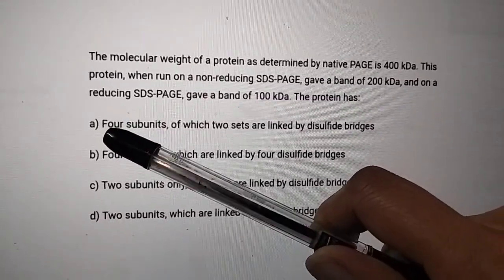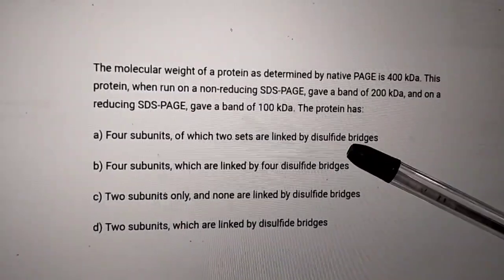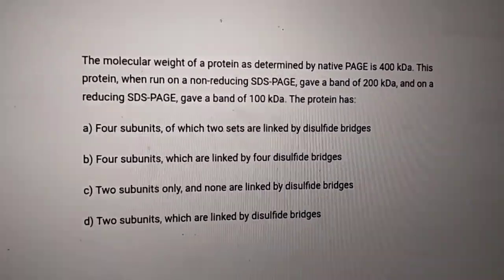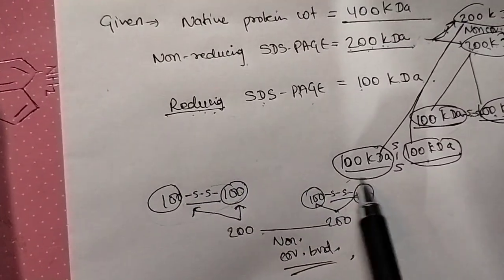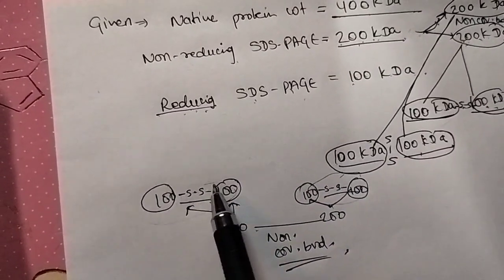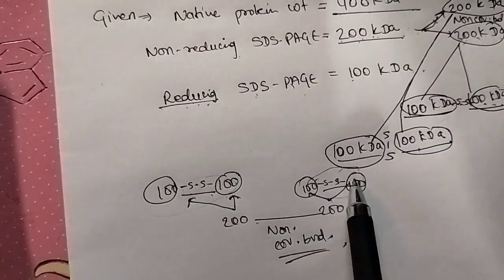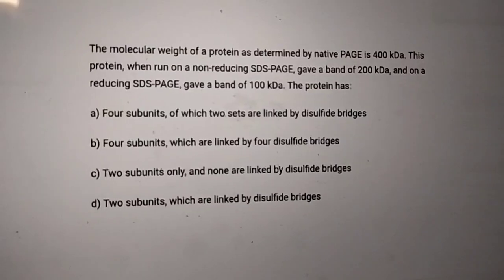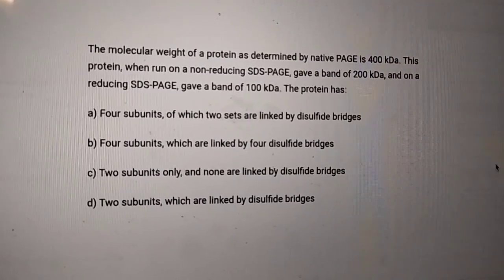So option A says 4 subunits here, of which 2 sets are linked by disulfide bridges. Yes, this option is right. As we have seen, these 2 sets are linked with disulfide bridges. So only 2 sets of disulfide bonds are there, and total 4 subunits are there. So 1 2 3 and 4. So option A is your right answer.